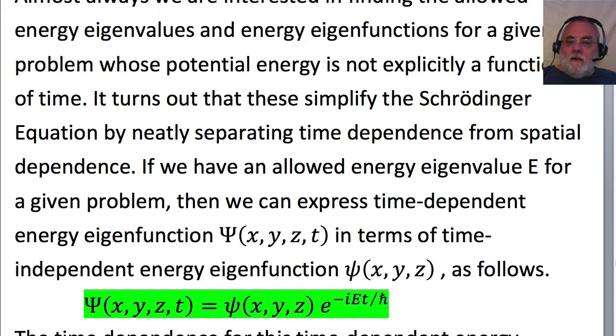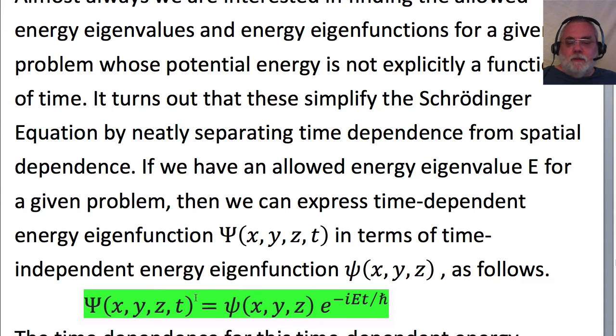If we have an allowed energy eigenvalue E for a given problem, then we can express time-dependent energy eigenfunction, capital Psi of x, y, z, and t, in terms of time-independent energy eigenfunction, lowercase psi of x, y, z, as follows.